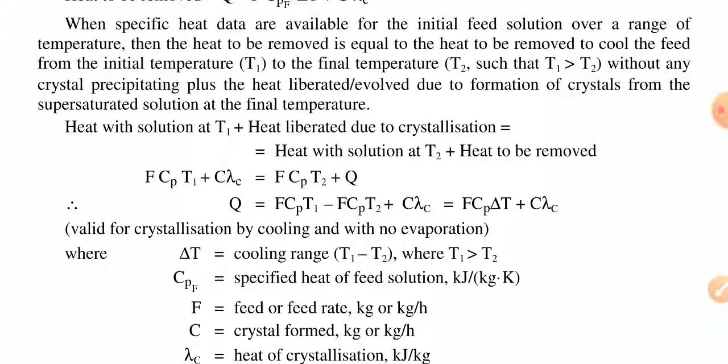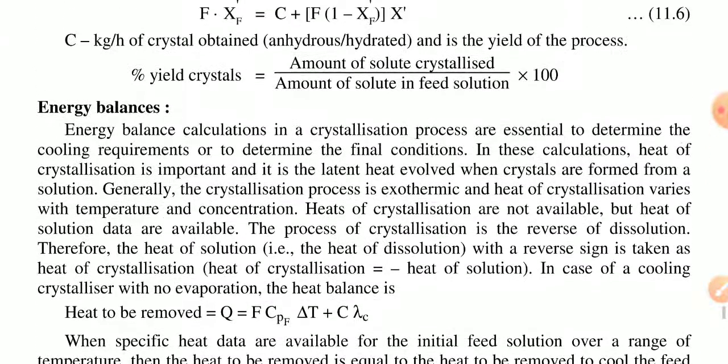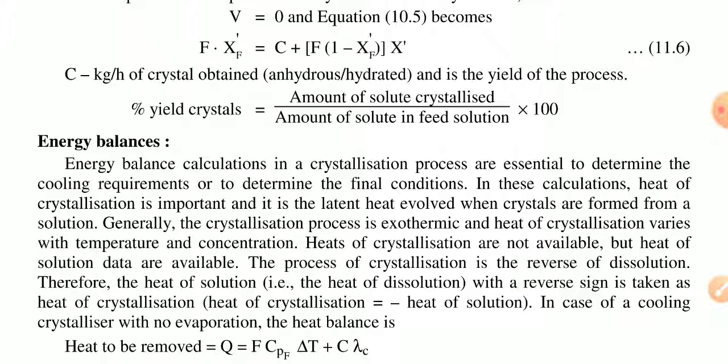Simply, F CP T1 plus C lambda C is equal to F CP T2 plus Q. So Q is equal to F CP T1 minus F CP T2 plus C lambda C, which is F CP delta T plus C lambda C.